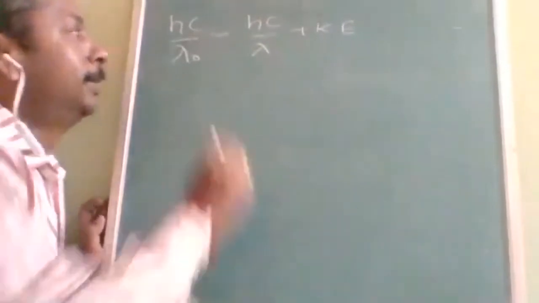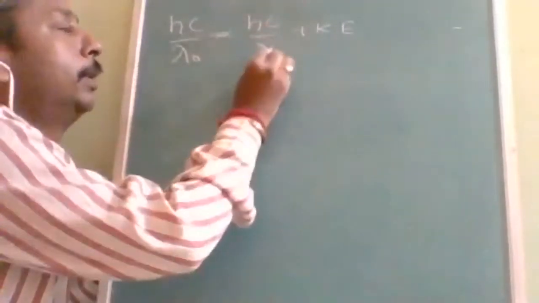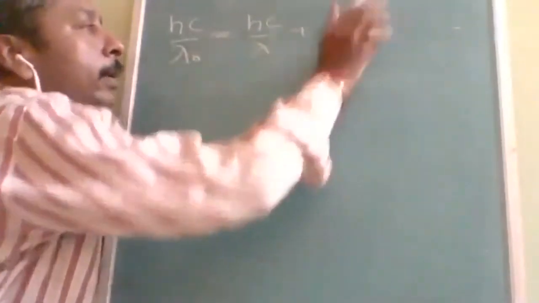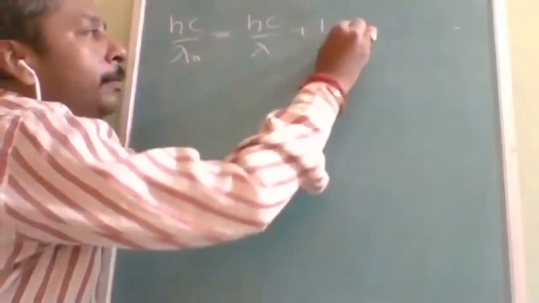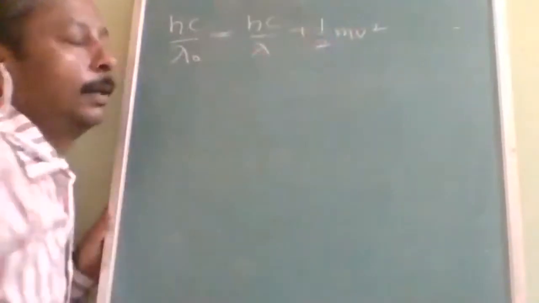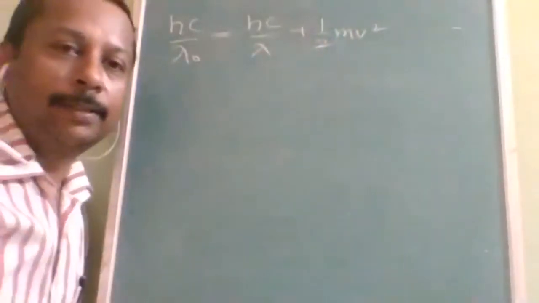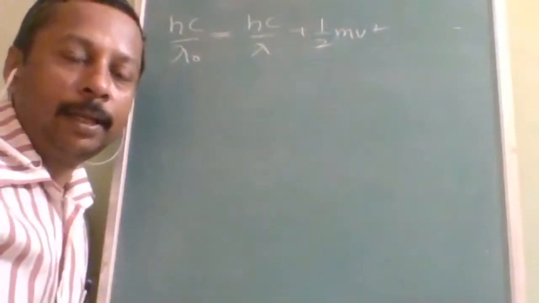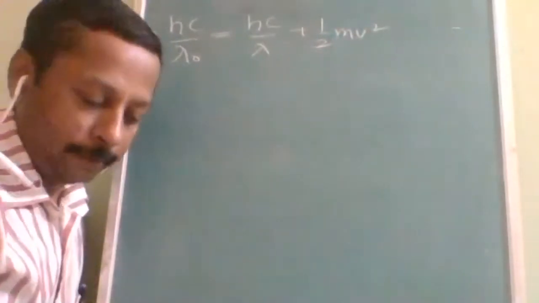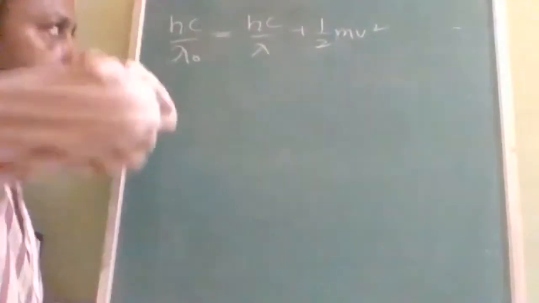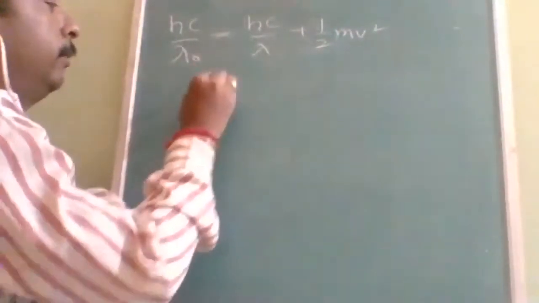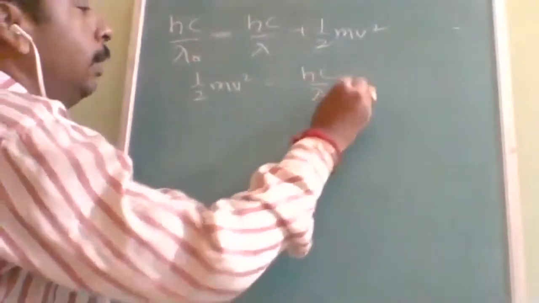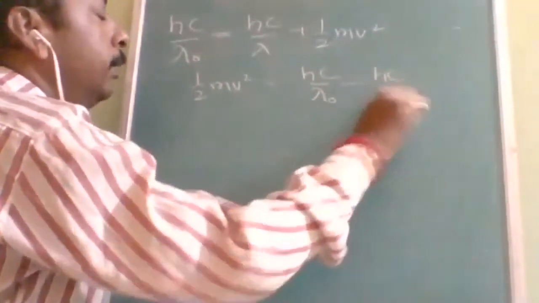Okay. So hc upon lambda naught is equal to hc upon lambda plus kinetic energy. So better, I will write it in the form of half mv square. Why am I doing like this? Why have I selected lambda? Because the question is in terms of lambda and the answer is in terms of velocity. So half mv square is equal to hc upon lambda minus hc upon lambda naught.